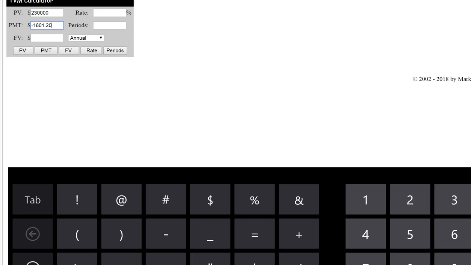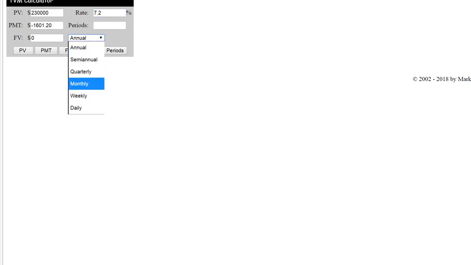The future value, we want to find out when you owe no more money on your mortgage. The interest rate is 7.2%. The way it's compounded is monthly because you're paying monthly amounts, and we want to find the number of periods. This is the number of payments you would make.